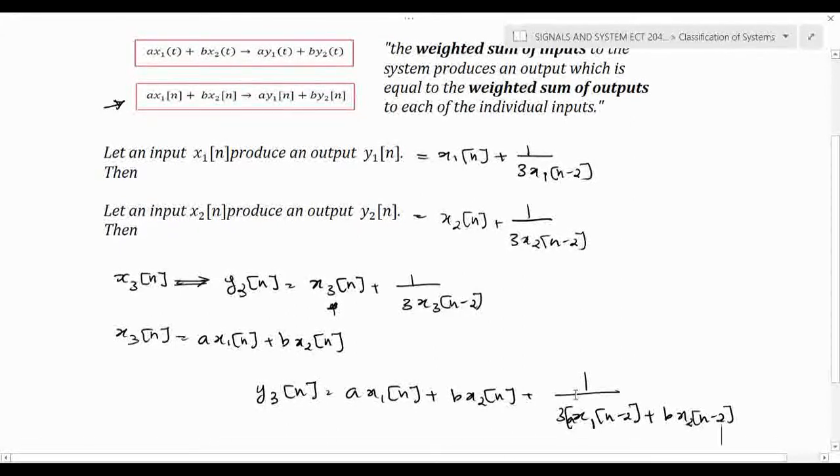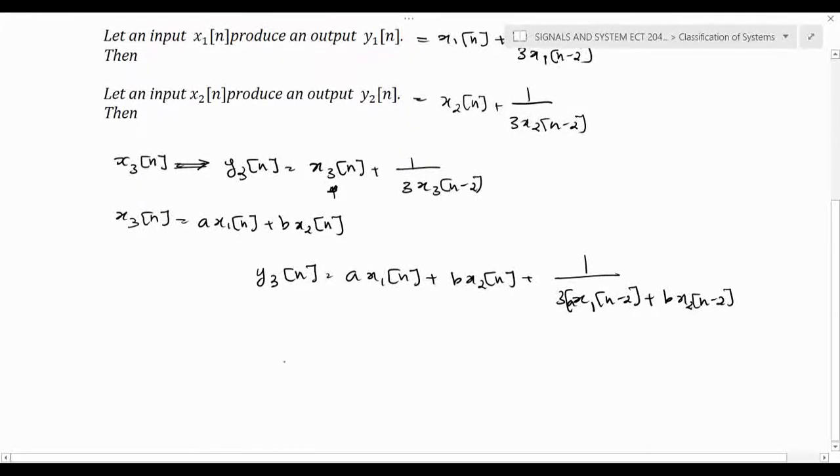Okay. And if you compare this particular equation, this should be written as a y1 of n plus b y2 of n. Okay, you need to write like this, a y1 of n plus b y2 of n.